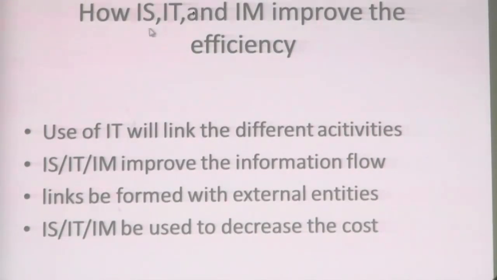So, how do information system, IT and IM improve efficiency? Use of IT will link the different activities. What are the different activities? IT has the hardware, which links with the attendance machine. Let us say at the attendance machine, you place your finger there. That is linked with the HR system.